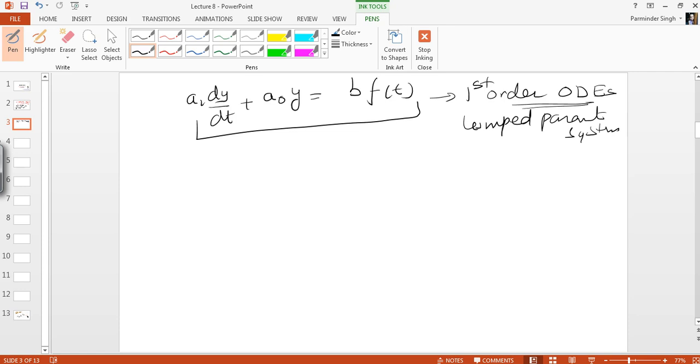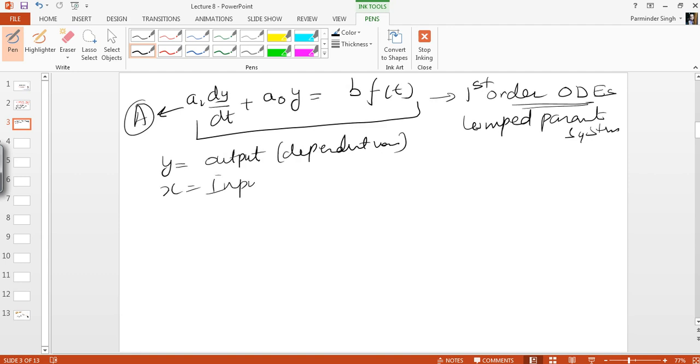So any system whose dynamics is represented by this equation, let's say equation A, is called a first order system, where y is the output of the system or the dependent variable, and f(t) is the input, which we normally say is the input or forcing function, or it's also called the independent variable.